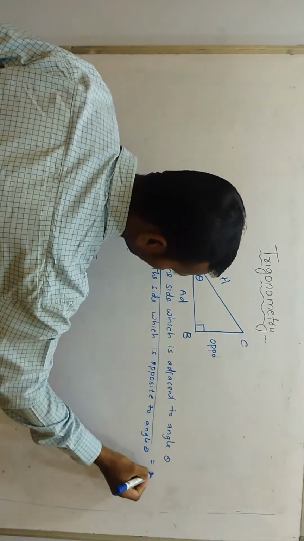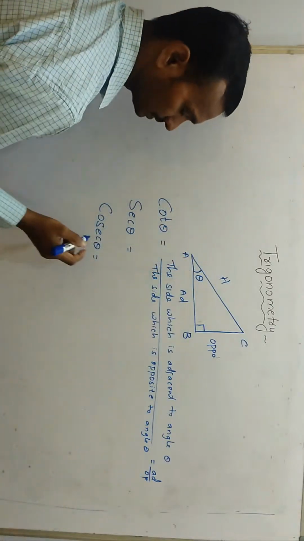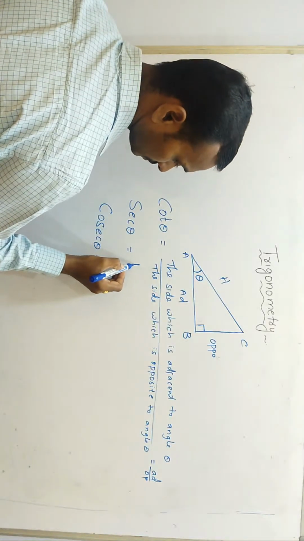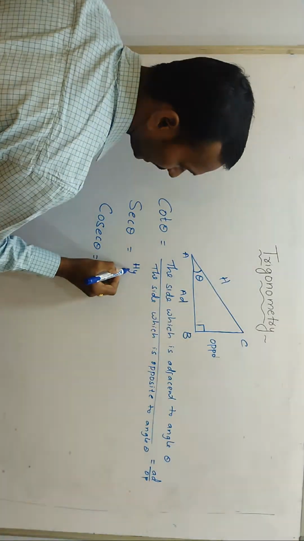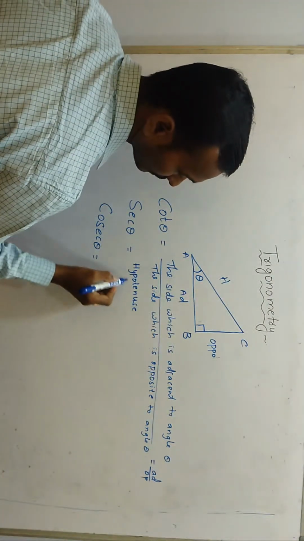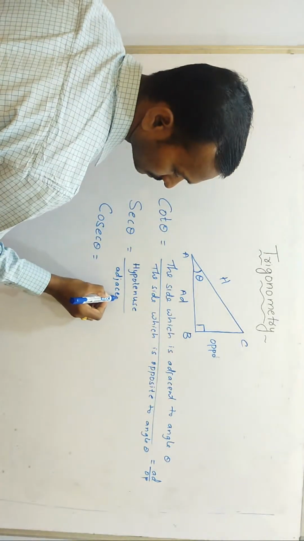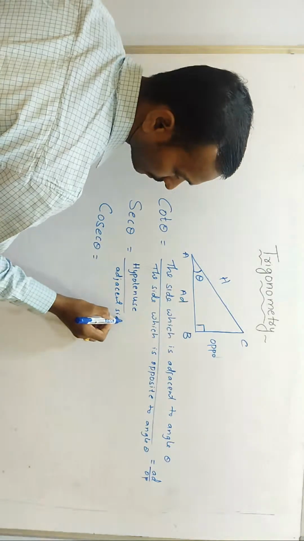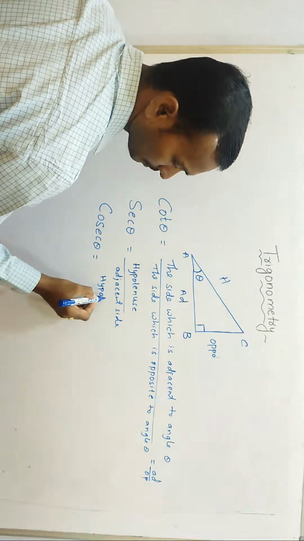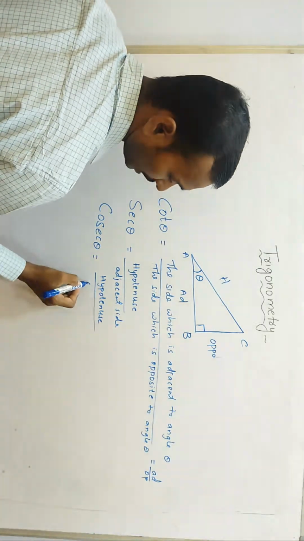That is nothing but adjacent by opposite. Secant is nothing but hypotenuse by adjacent side. So cosecant is nothing but hypotenuse by opposite side.